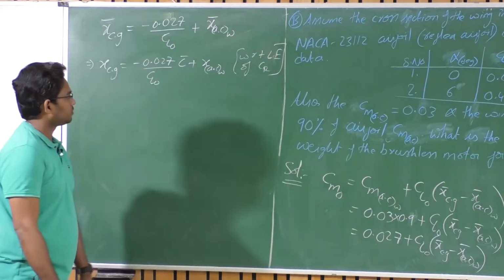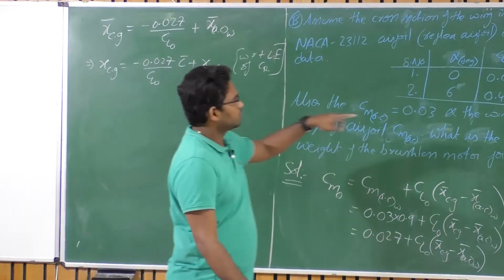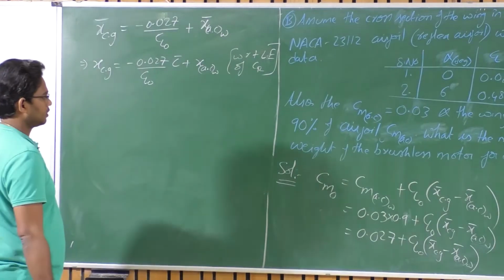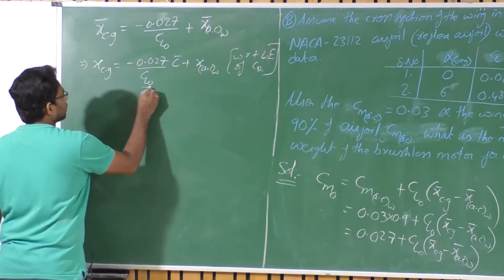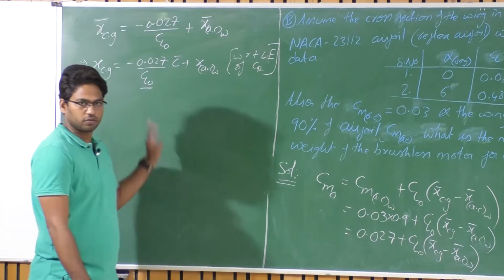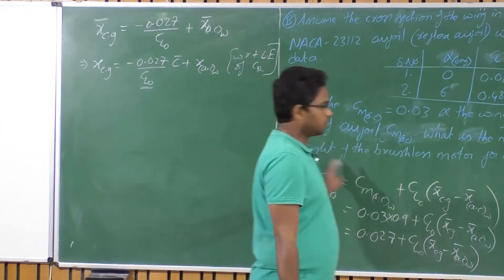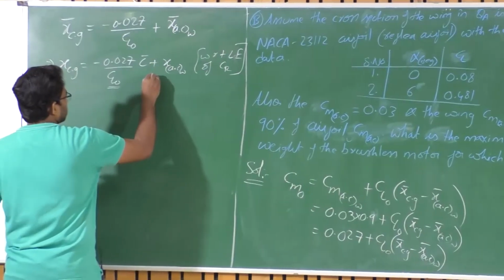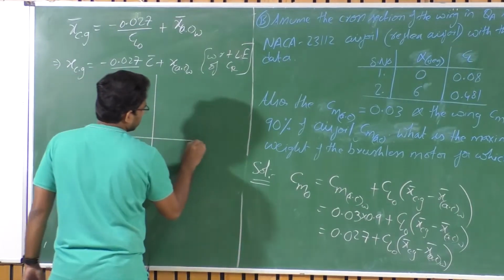We know what C bar is; C bar is approximately 0.285. First of all, we need to find out what CL naught is. In order to solve this question, we need to find CL naught. So from the given data, I am plotting the given data here.